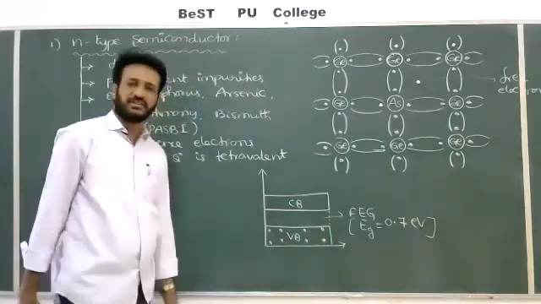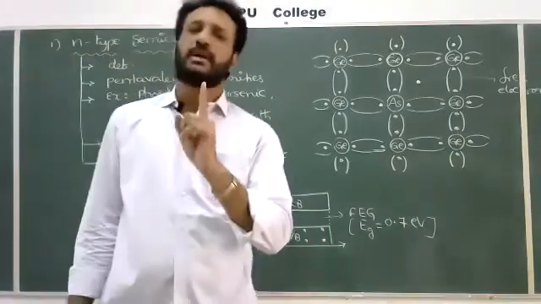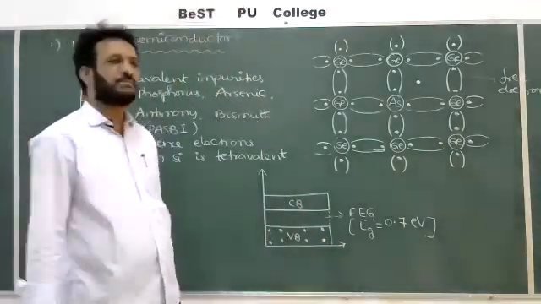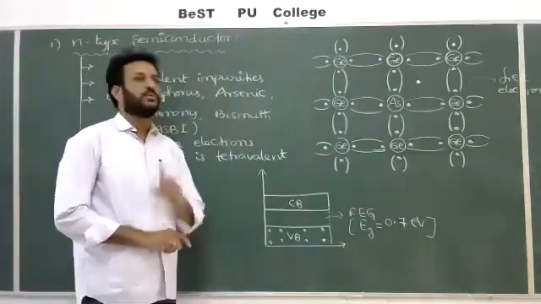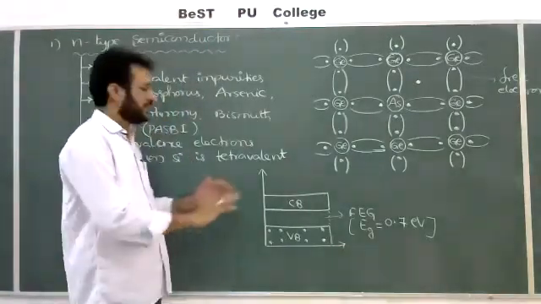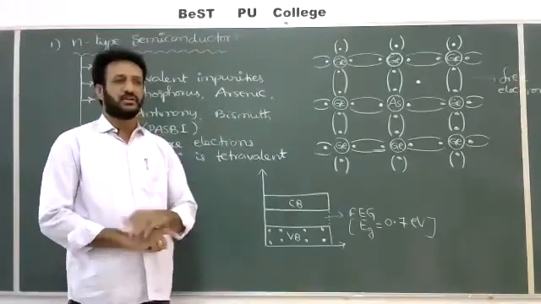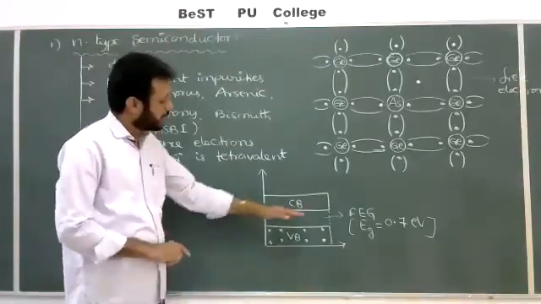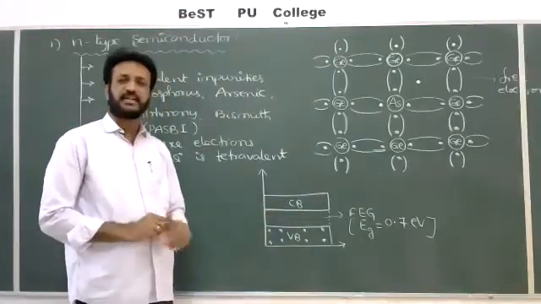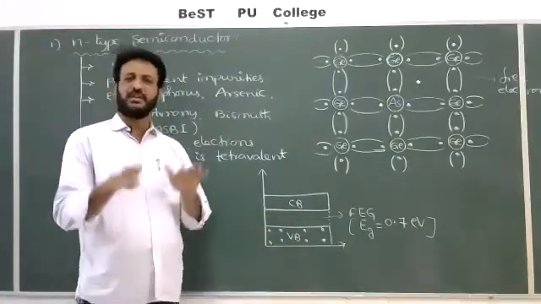But just imagine, I doped only one atom. Whenever I dope one atom, how many electrons are donated? Only 1 electron. If I dope 4 atoms, then 4 electrons will be donated. But where will all these 4 electrons be? At a very low temperature.